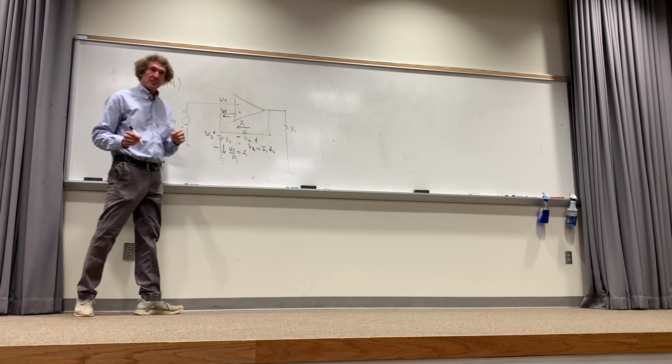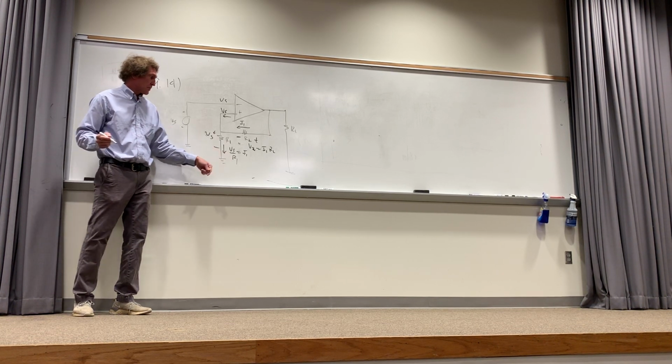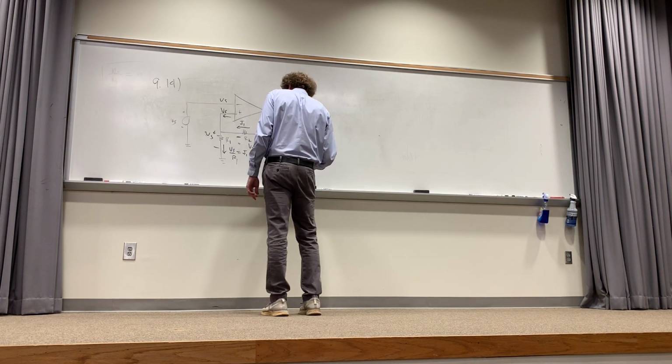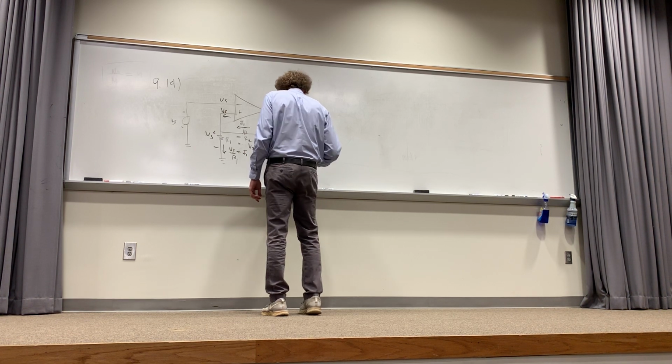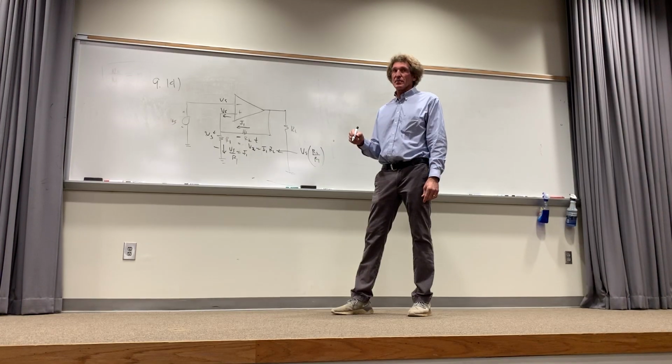You all agree with that? And then, since I1 is VS over R1, my V2 right there is going to be VS times R2 over R1. This isn't hard to see. Are you with me?